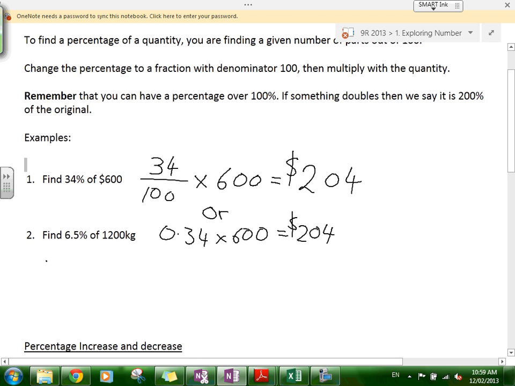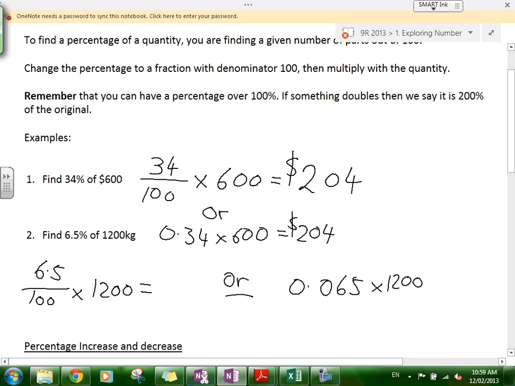You can do two methods: 6.5 over 100 times 1,200, or you can do 6.5% as a decimal, 0.065, times 1,200. In both these cases, the answer is 78 kilograms. Either method is really fine.